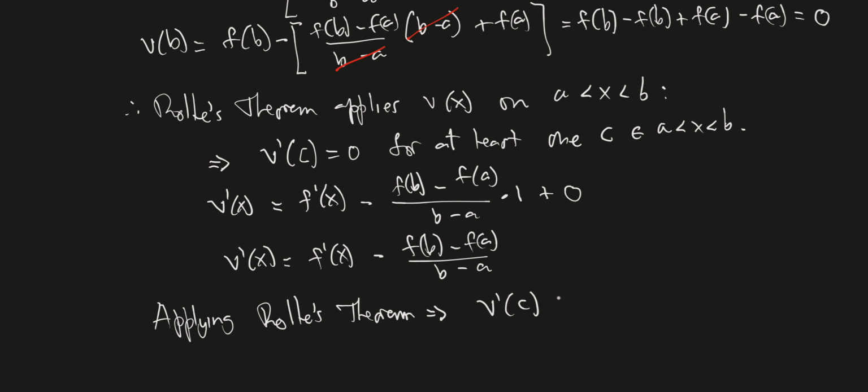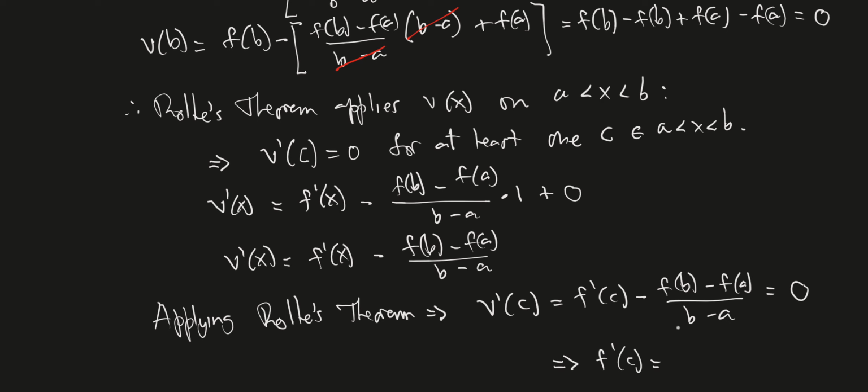v prime of c, if I substitute c in here, I'll have f prime of c minus f of b minus f of a over b minus a. That has to be equal to 0. And then solving this for f prime of c, adding this quantity to both sides changes that minus to a plus, and then we'll have exactly what our mean value theorem says.